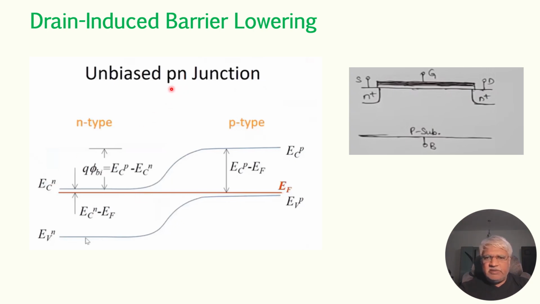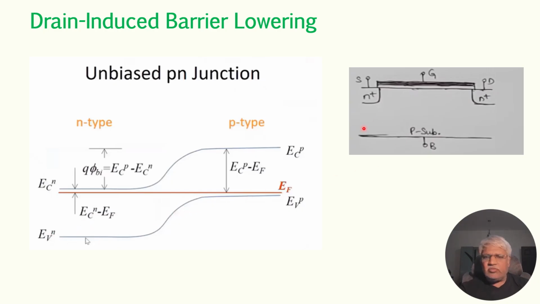In the unbiased PN junction, the Fermi level in the N-type semiconductor and P-type semiconductor align. Earlier, you can think that the Fermi levels of the N-type and P-type semiconductors are not aligned, but in the unbiased PN junction, both are aligned. So the pattern will be somewhat like this.